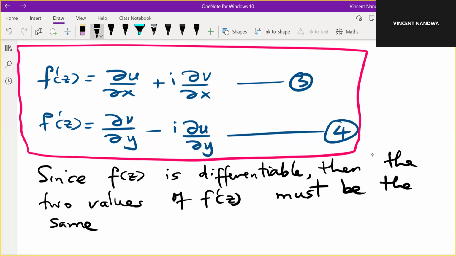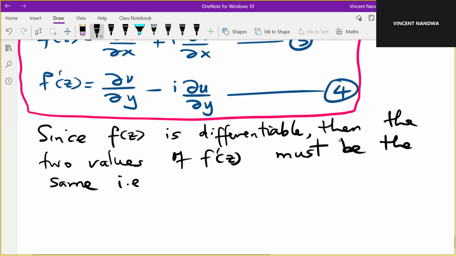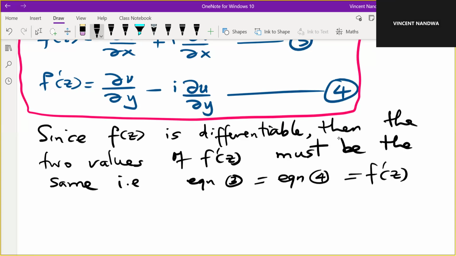Don't you see that 3 is just derivative of f of z and similar to 4? So both 3 and 4 are just defining the derivative of the function f. So we can always now equate them. So equation 3 is the same as equation 4, because all these are defining the derivative of f.